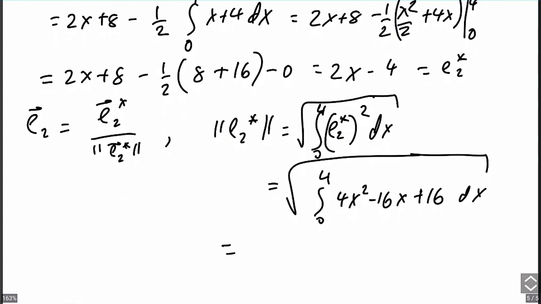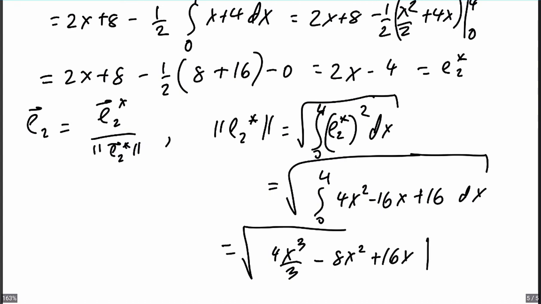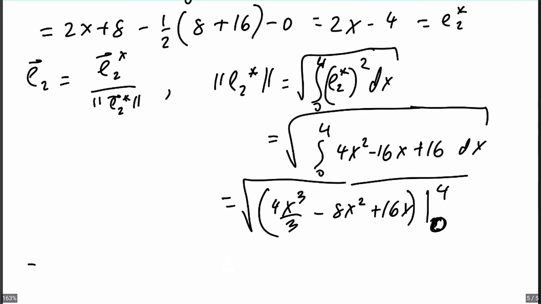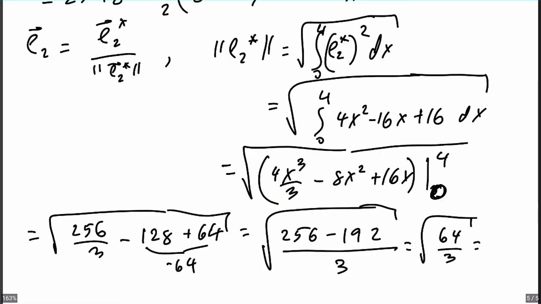It's not difficult, it's just tedious. We get 4x cubed over 3 minus 8x squared plus 16x evaluated at 0 and 4. The nice thing is that at the lower limit 0, mostly everything will be 0. And at the upper limit, this is 256 over 3 minus 16 times 8, 128, which gives 8 over the square root of 3.